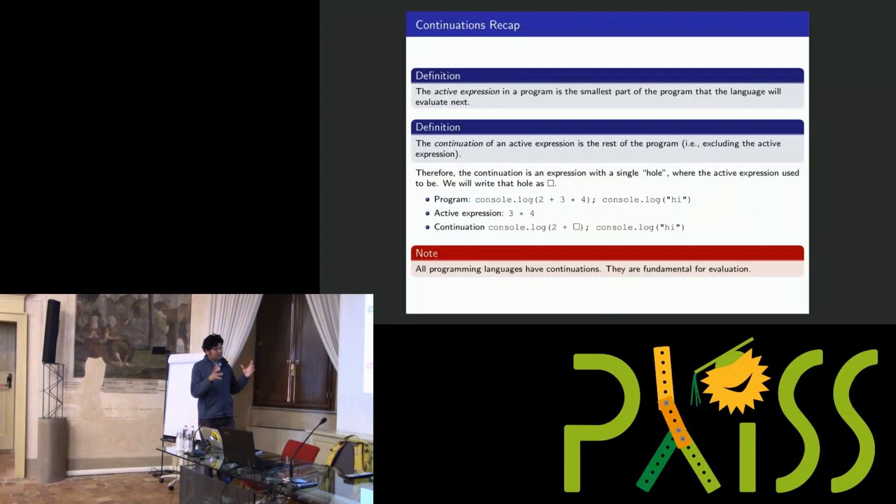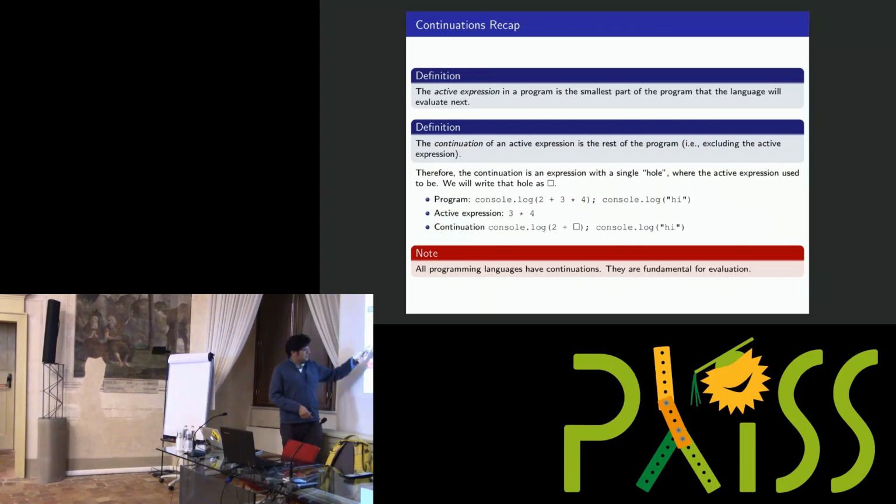I think the thing to understand before you understand continuations is the concept of an active expression, which in a program you can think of intuitively as the smallest part of the program that you're going to evaluate next. So if this is your program, log 2 plus 3 times 4 followed by log high, then the active expression is 3 times 4, because that's the first thing we're going to do.